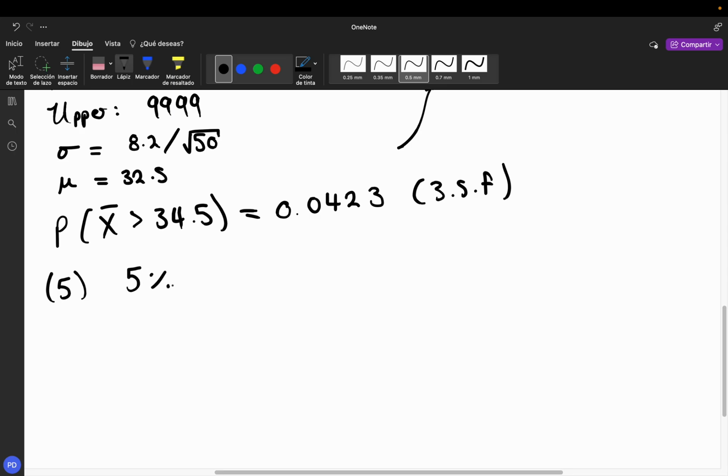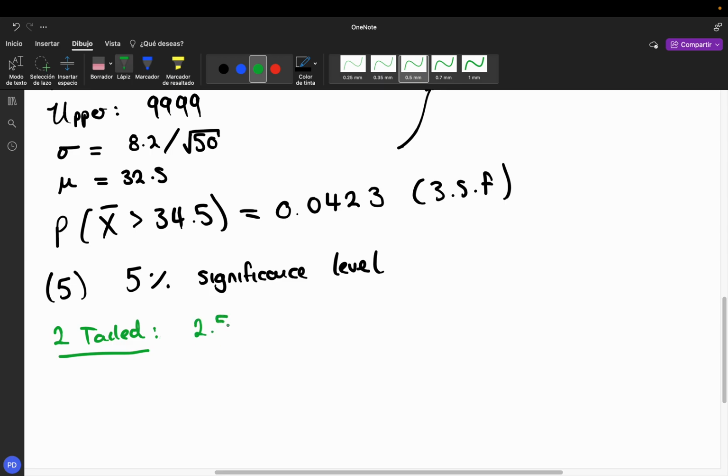So our 5% was our significance level. We're not going to compare it to 5%. Because we're in a two-tailed, we're going to compare it to 2.5%. Okay, which written as a decimal, let's see if I can get the right number of zeros. Okay.